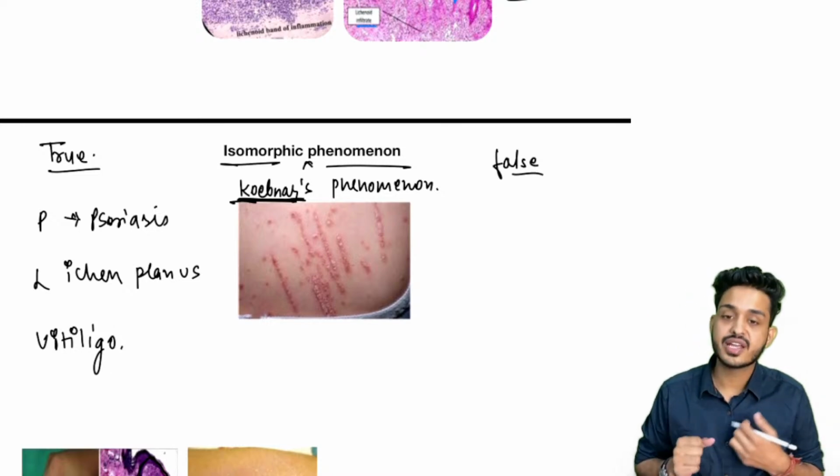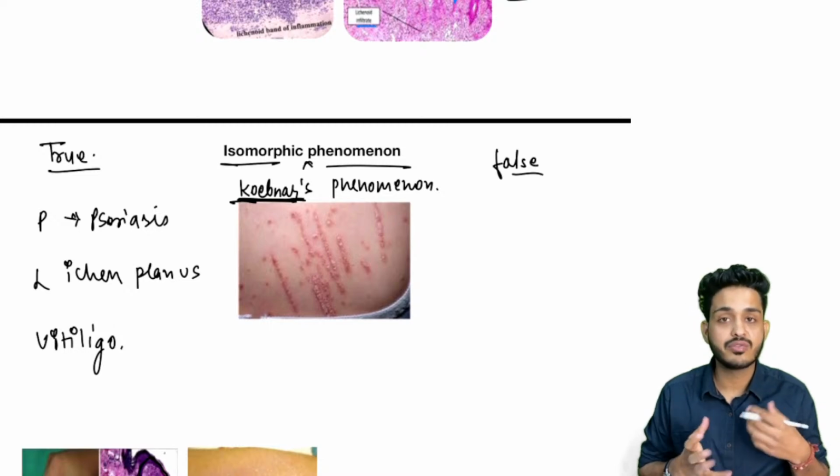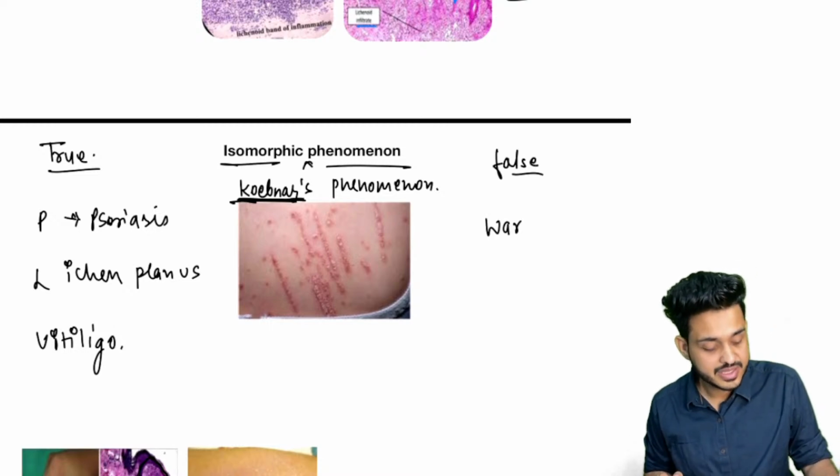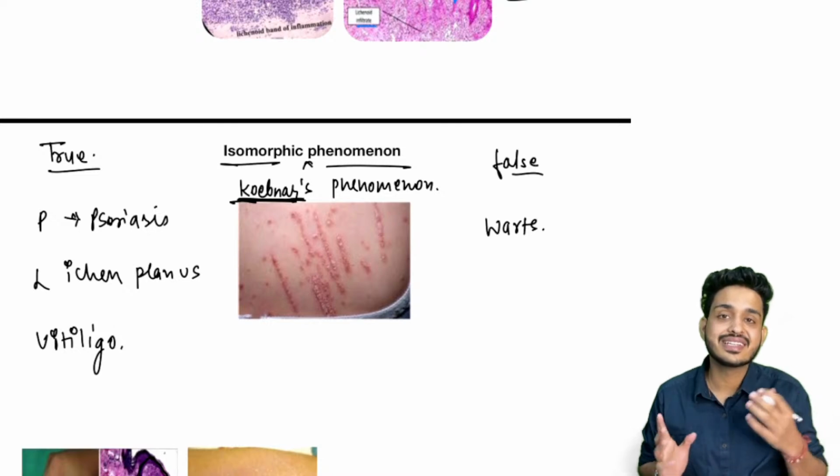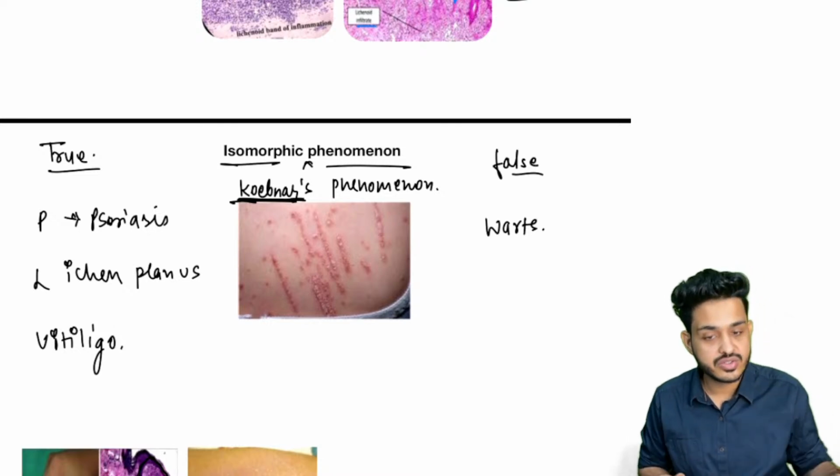False Koebnerization can be seen in cases like warts and molluscum contagiosum.